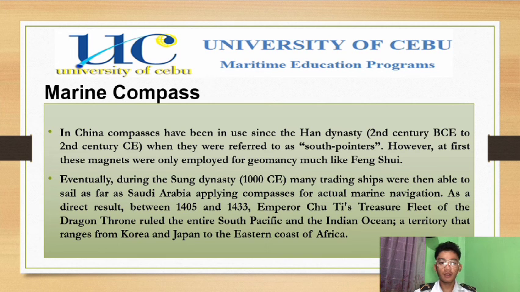Eventually, during the Song Dynasty, many trading ships were able to sail as far as Saudi Arabia, applying compasses for actual marine navigation. As a direct result, between 1405 and 1433, Emperor Chudi's treasure fleet of the Dragon Throne ruled the entire South Pacific and the Indian Ocean.